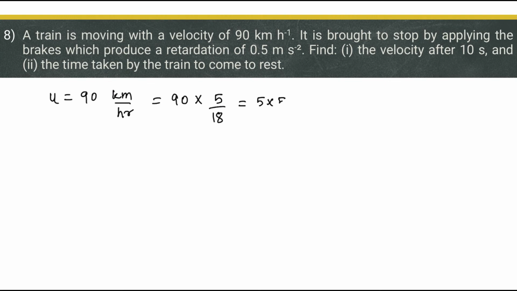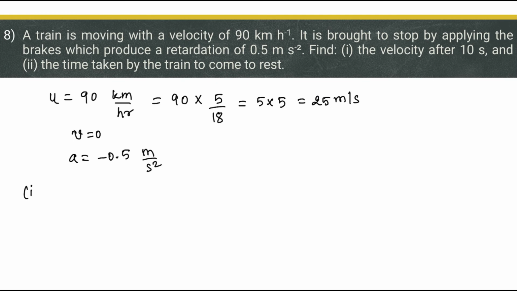So 5 into 5, 25 meter per second is the initial speed. Final velocity 0 because it is brought to stop, brought to rest. Retardation is 0.5, so we can say acceleration is minus 0.5 meter per second square. Find the velocity after 10 seconds and the time taken by the train to come to rest.